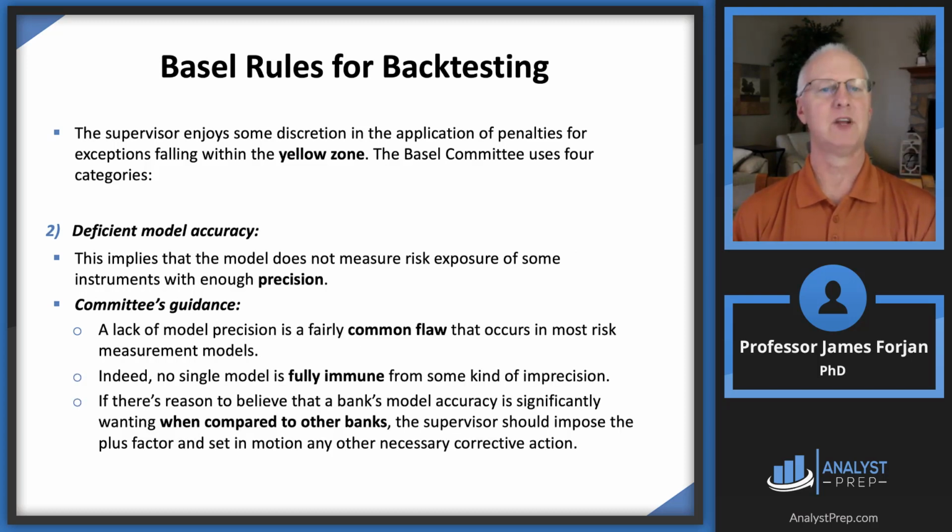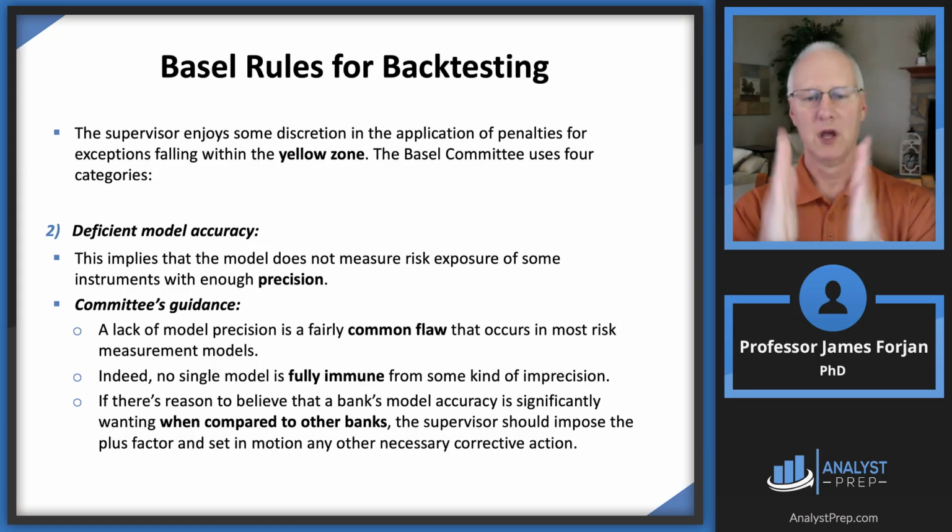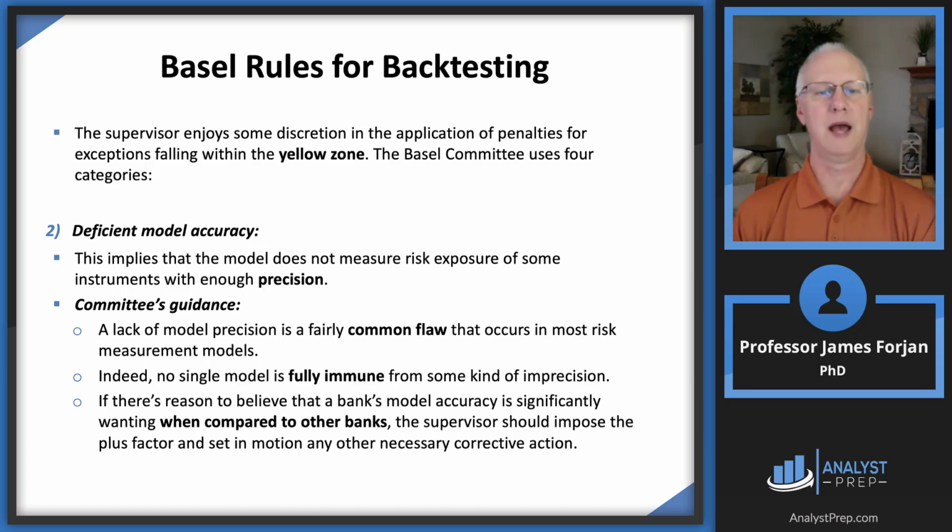How about a deficient model accuracy? This implies that the model does not measure the risk exposure with enough precision. Remember, this is why we do these confidence intervals, right? Do we want this much confidence? You can't completely eliminate risk. Do we want this much? Or are we satisfied with this much? So if we don't have enough precision, the guidance is that this is a pretty common flaw.